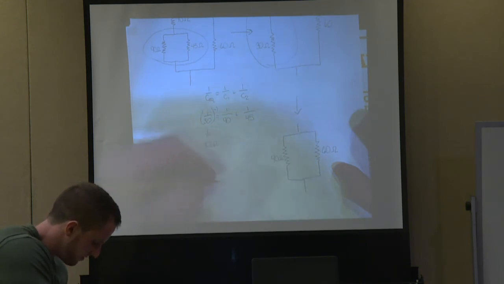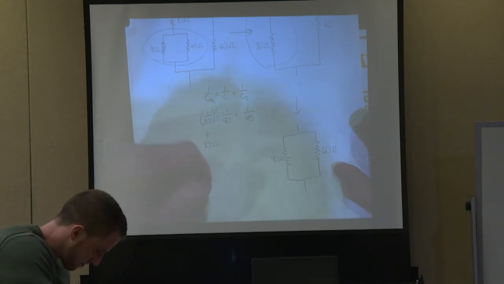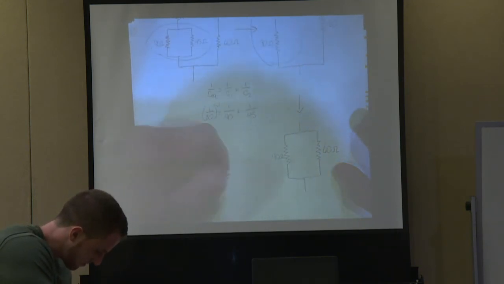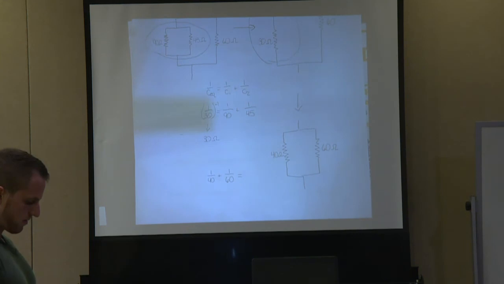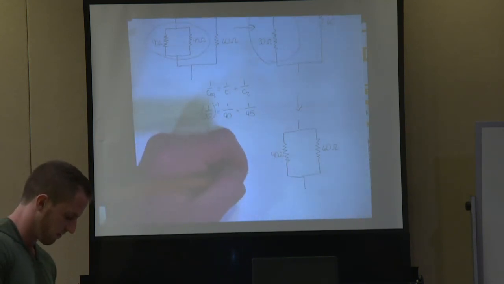So to add these 2 together, add 1 over 40 plus 1 over 60, and that will give us 24 ohms.